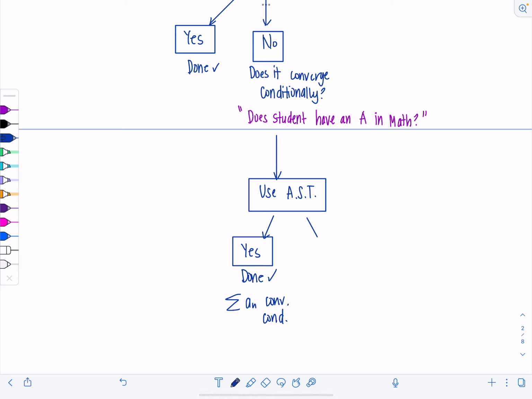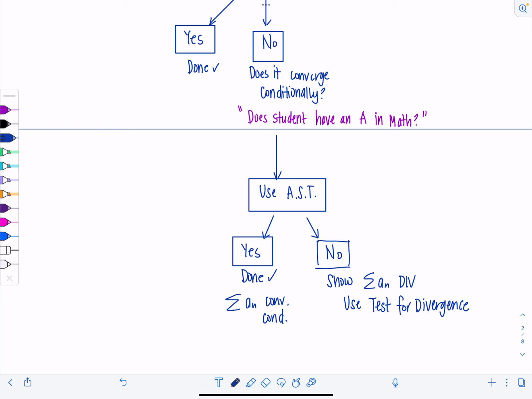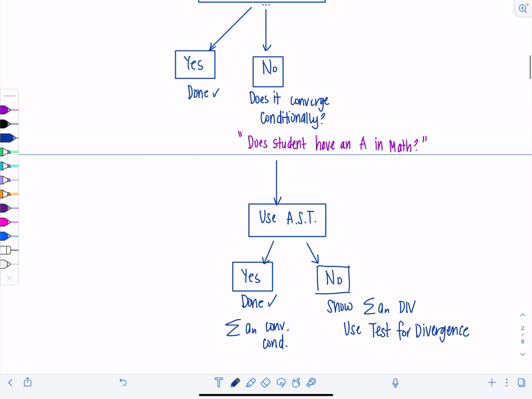If no, depending how picky your teacher is, I'm a picky teacher, then I need you to show that the sum of a_n diverges and you use the test for divergence. Okay. And that would be the conclusion. If you're done at the very first step, then that means the sum of a_n converges absolutely.